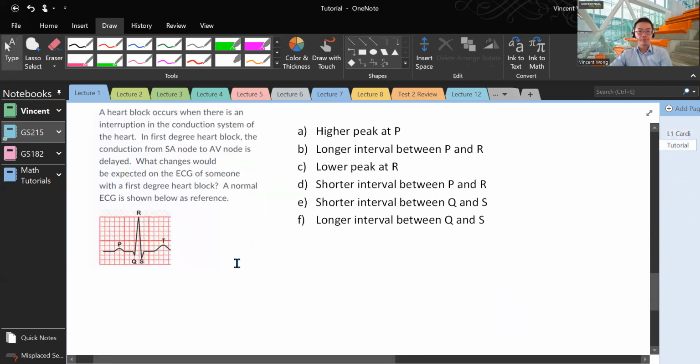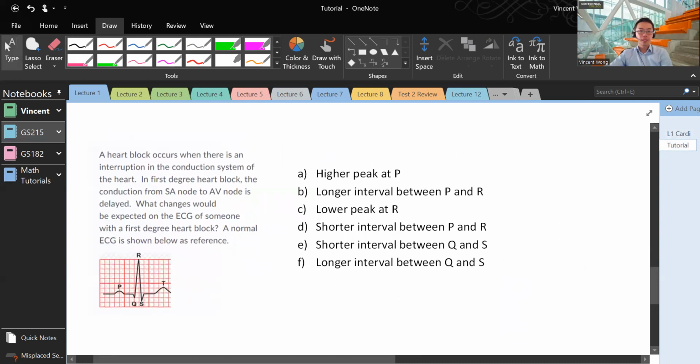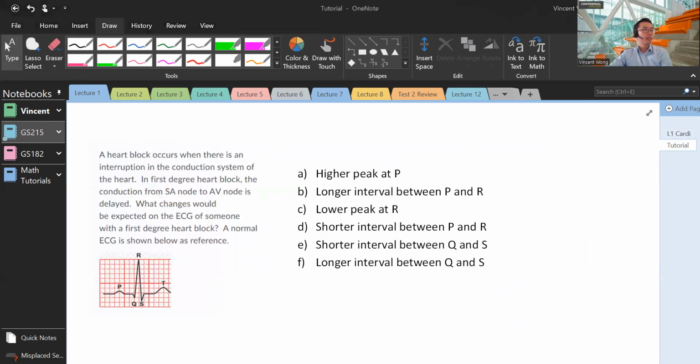Here's the question. Okay, let me launch the poll again. First degree heart block, what's going to happen? That's basically what it is asking.